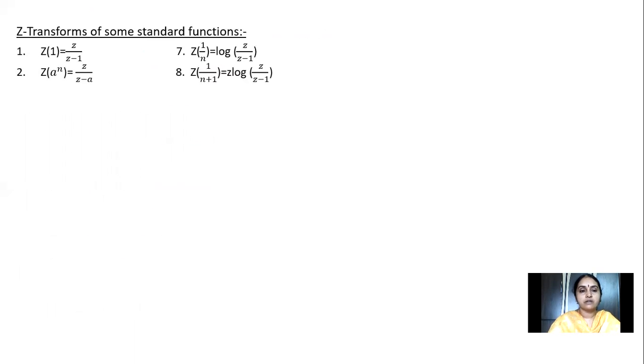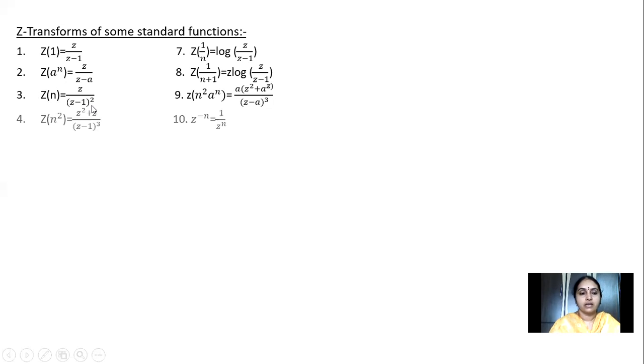Z transforms of some standard functions. Z of 1 equals z by z minus 1. Z of a power n equals z by z minus a. Z of n equals z by (z minus 1) whole square. Z of n square equals z square plus z by (z minus 1) whole cube.